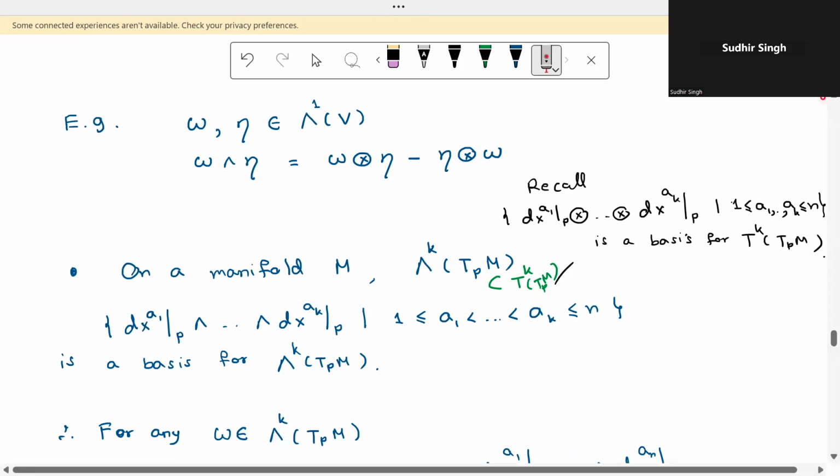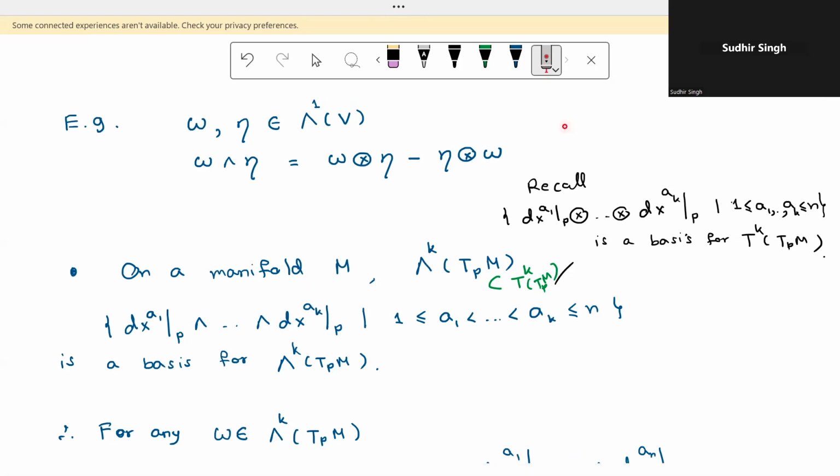You can see from this example that the wedge product between covectors anti-commutes. So this means that if you have the same index, say dx1 wedge dx1, it will go to 0. So we don't want the index to be the same.